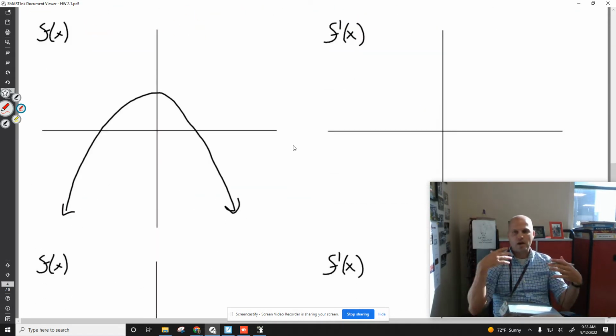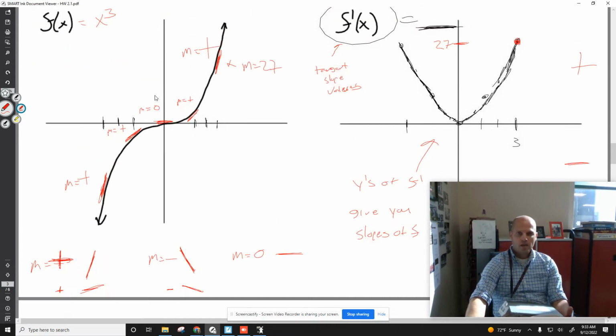But for right now, you've got to be able to see how every function is going to have its own unique derivative function, its own unique tangent slope value function. Not all of our f primes are going to look like u's.